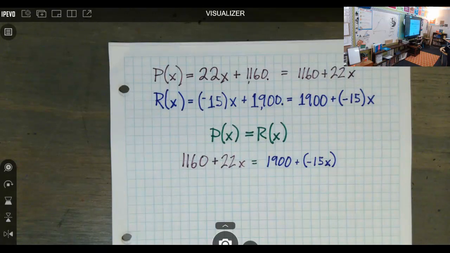This is your paper. And that's your paper. We're practicing the same thing here, just with different numbers.